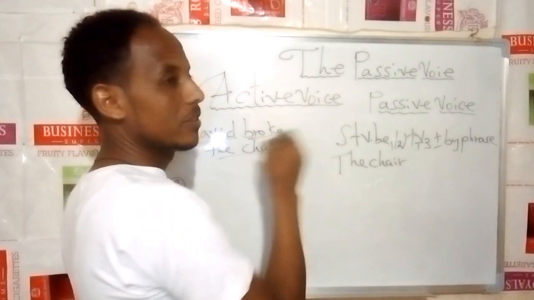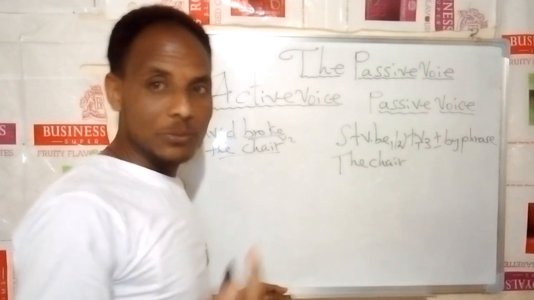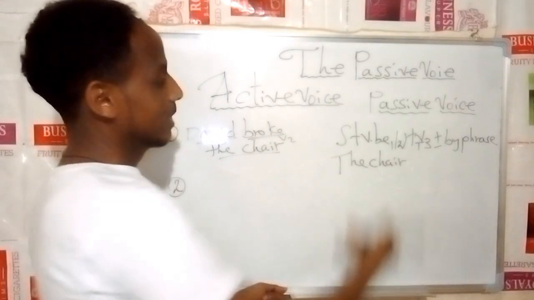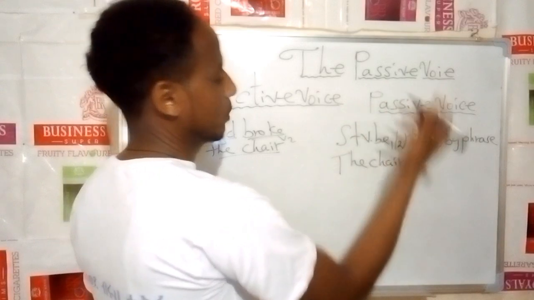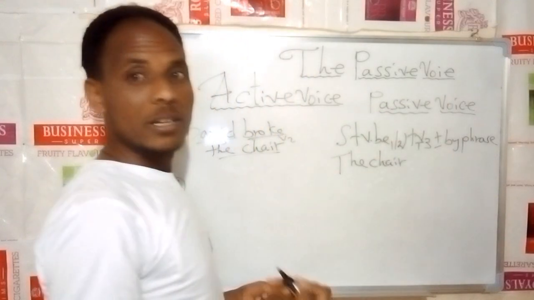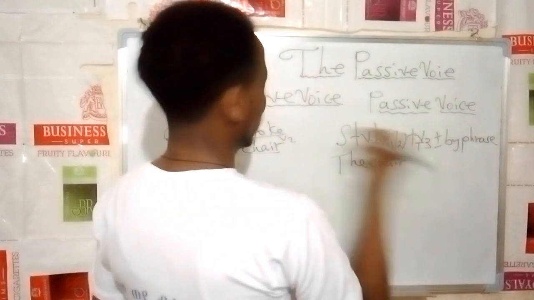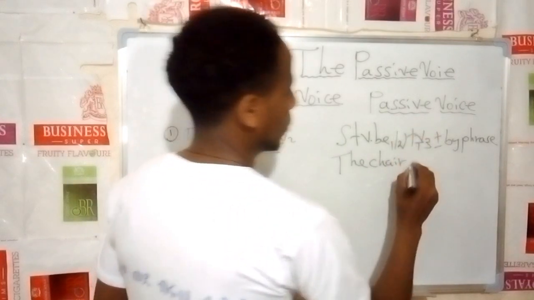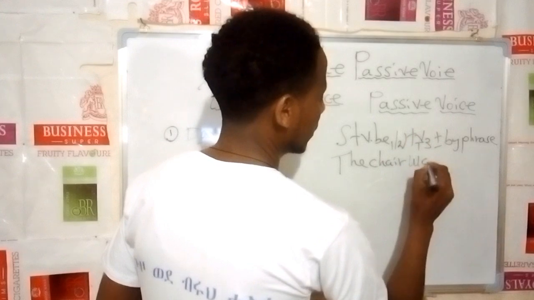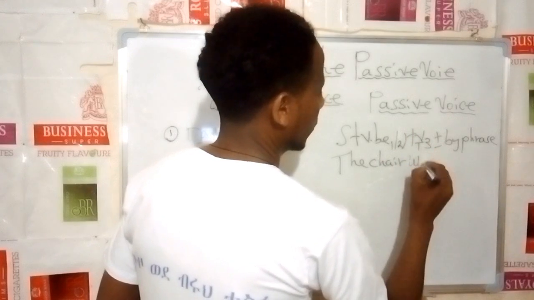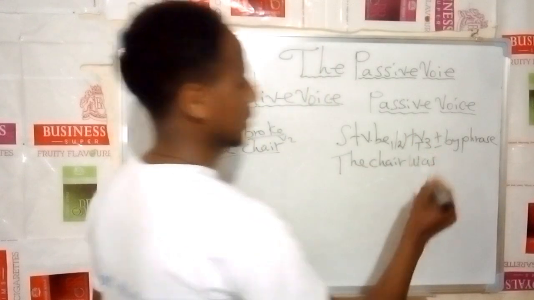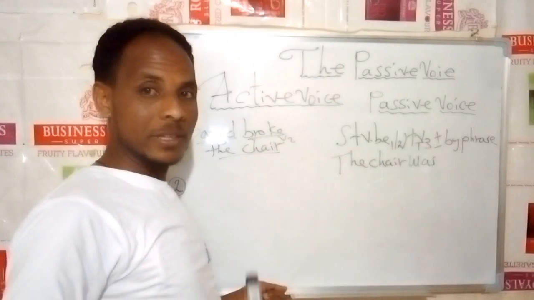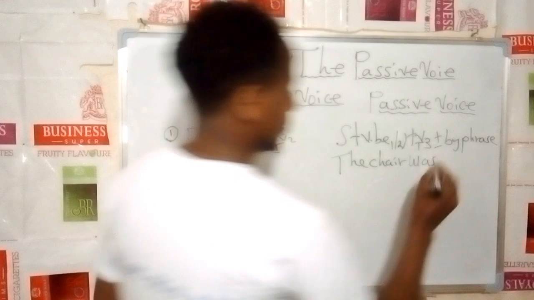But if the main verb in the active voice is past simple, we are supposed to use the past simple form of the verb to be, was or were. So here the chair is singular, so we must use was. The chair was, and the main verb from the active voice becomes the past participle form.